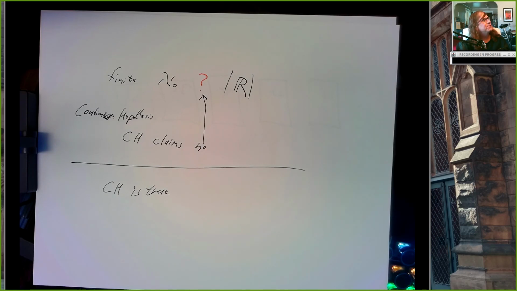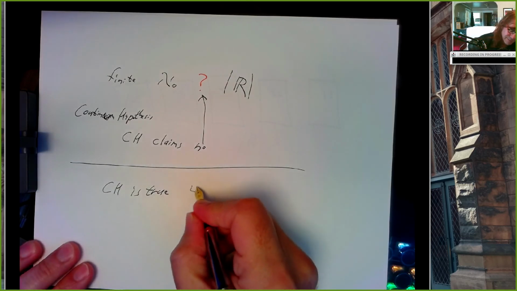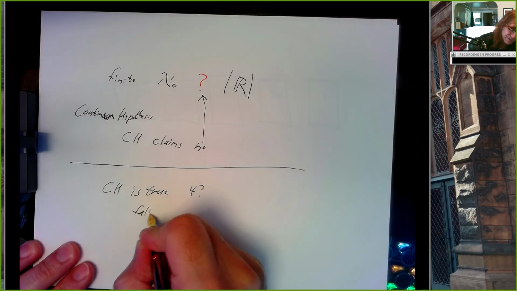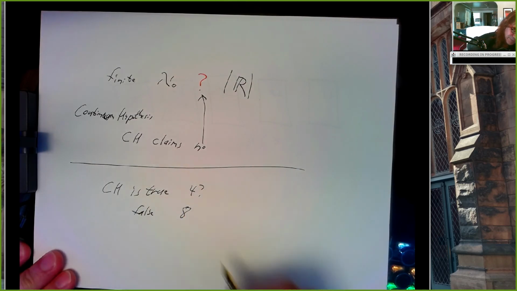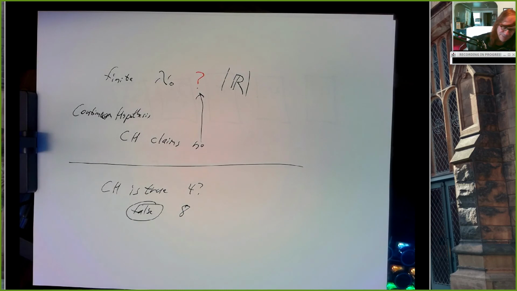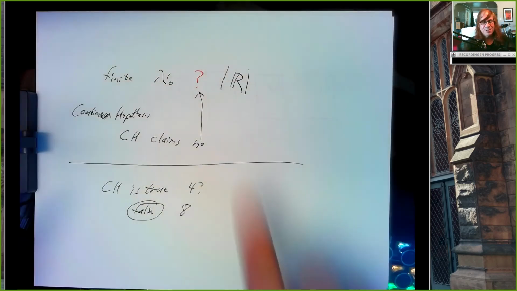Not too many votes, so we only got like 3 or 4 votes for that. Okay, how many people think it's false? You're not allowed to abstain, so I'm just going to take everybody else as false. Oh, we definitely got more. 1, 2, 3, 4, 5, 6, 7, 8. All right. So if we did democracy, continuum hypothesis would be false, meaning that there is some set in between here and here.